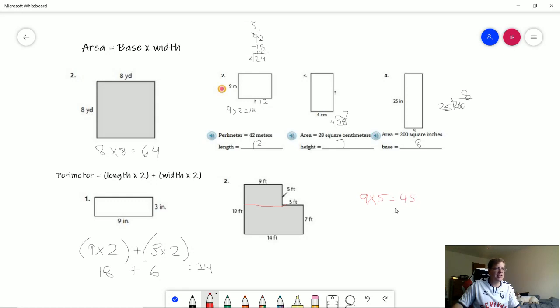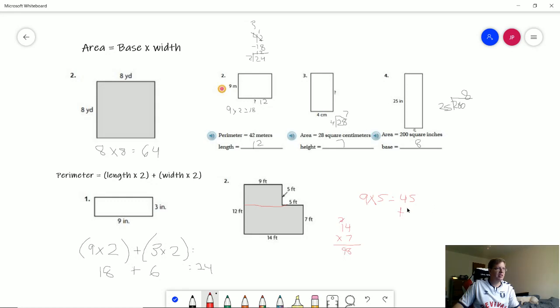And then I'm going to be adding that to the answer for my other problem. And so I am going to be doing 14 times 7. And so 14 times 7 is going to give us 28 here, carry a 2, and that would give us 98.